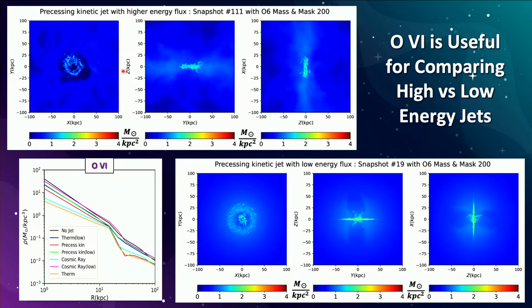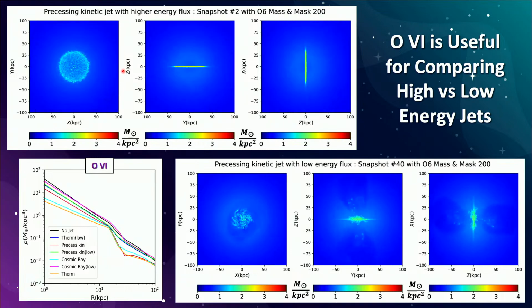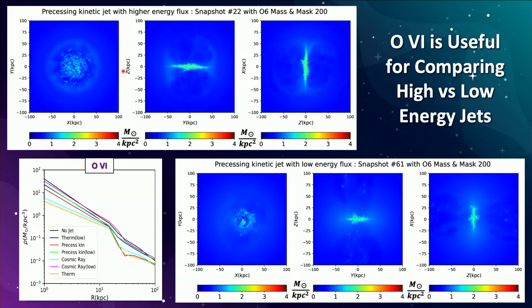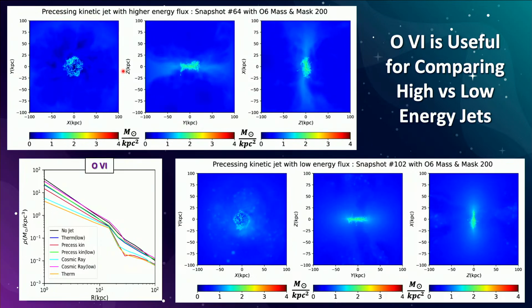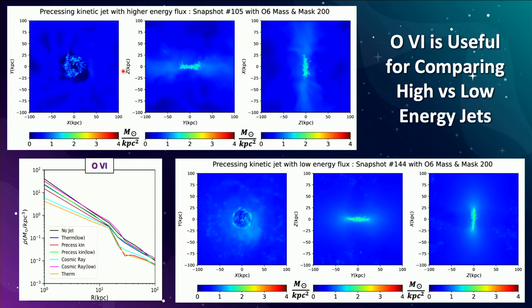So we know that for the top simulation, it's extruding too much energy and it's going to ionize oxygen 6. We won't see as much of it. But at the bottom jet, it has low enough energy that oxygen 6 is still able to sustain itself without being ionized.